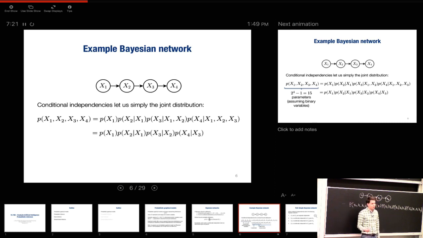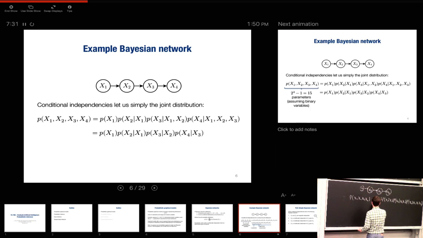But what's nice here is that we can now use the independence properties of the Bayesian network to substantially simplify this distribution. First of all, note that these two remain the same: p of x1, p of x2 given x1.